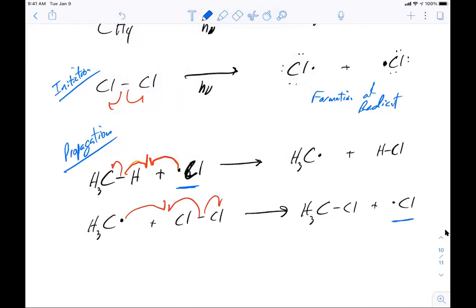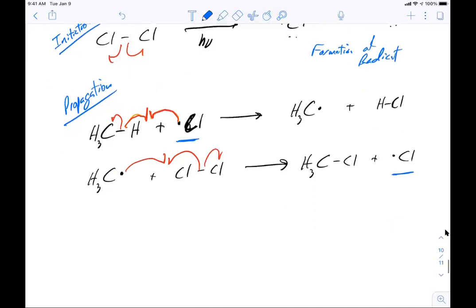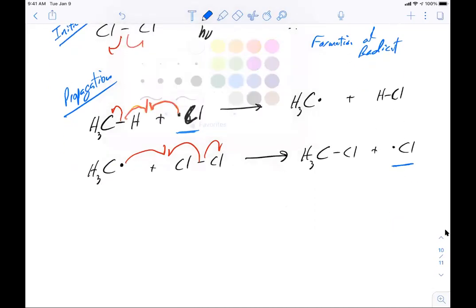So we have this chain going around and around until we get to the last process, which is termination.